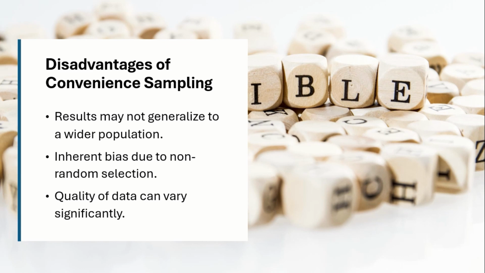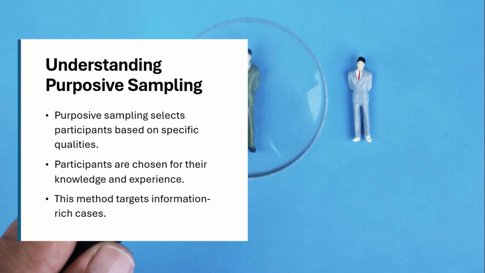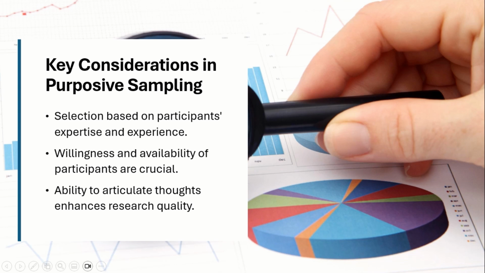Absolutely. And the last thing the article notes about convenience sampling is that while you can technically use it for both quantitative studies, which are more number-focused, and qualitative studies, which focus more on experiences and perspectives, it tends to be more common in quantitative research. Okay. Why do you think that is? Well, with convenience sampling, it's often easier to get a larger sample size just because of that ease of access.